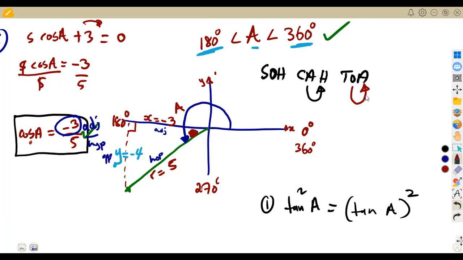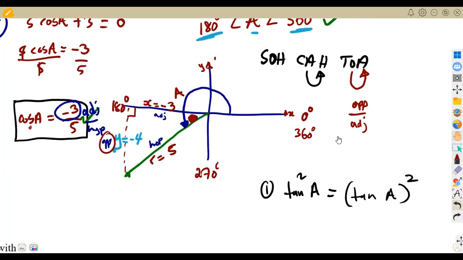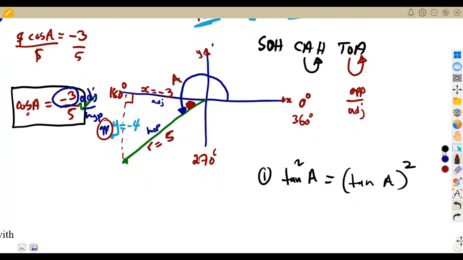So the opposite is -4 over the adjacent, which is -3, all to the exponent of 2.